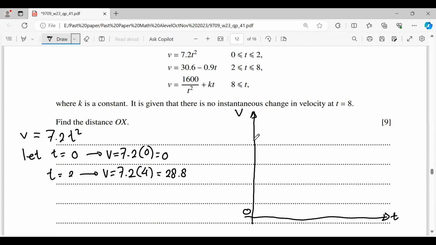And 28.8 around here and 2 around here, so the graph will be like this. It's semi-parabolic.